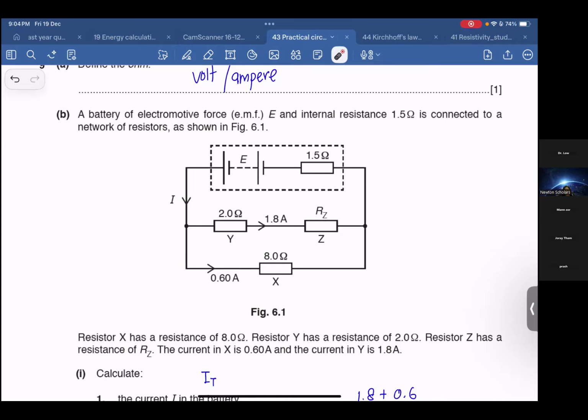Any of you? Wesley, let me check. Yes, good job, Wesley. Wesley already got the answer for 1, 2, 3. No, Fatima, no. Fatima, I give you some hints. These two paths are parallel. So parallel means they will have the same voltage.